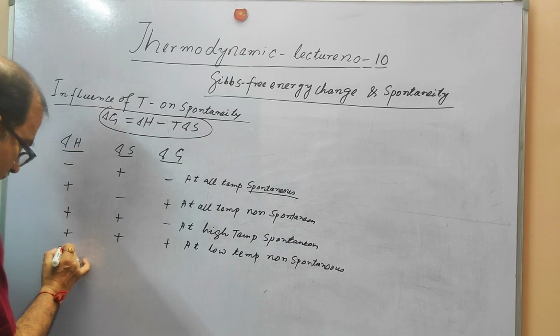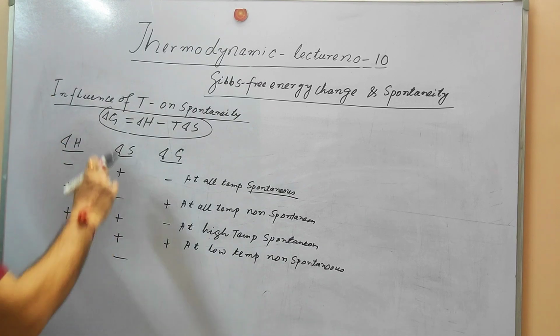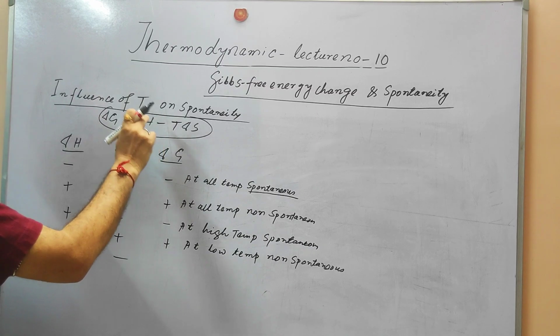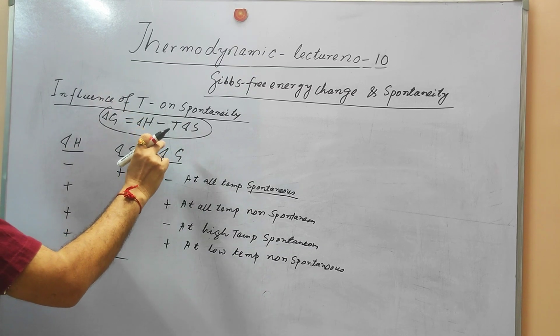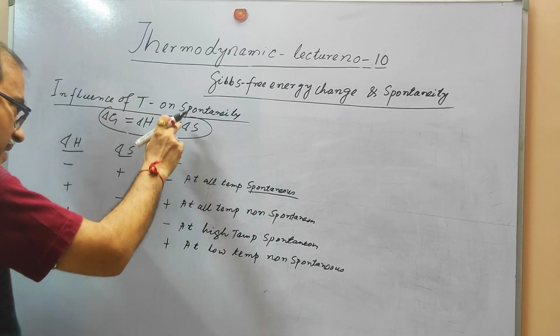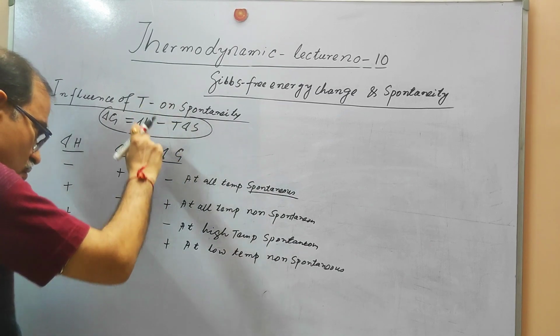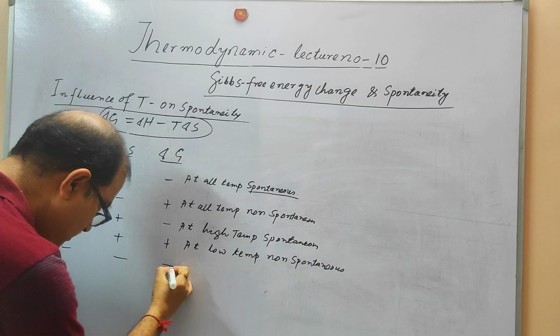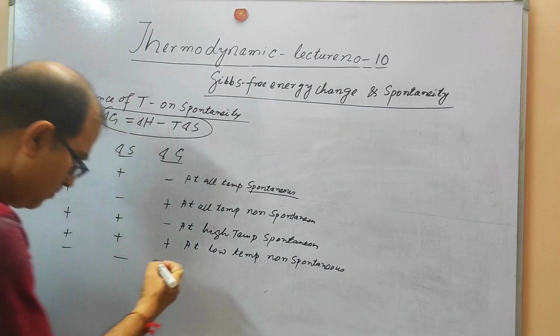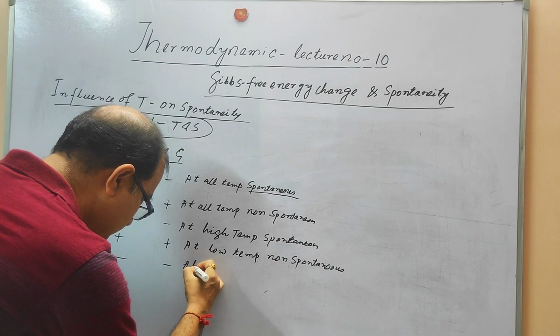When both are minus, this minus and this minus, it will be plus. So at that time, what will we find? That delta G will be minus when this value is low. So delta G will be minus at what temperature? At low temperature.